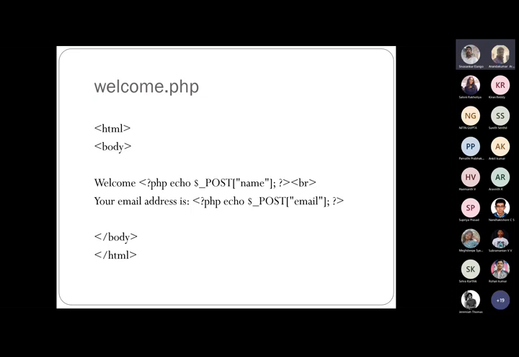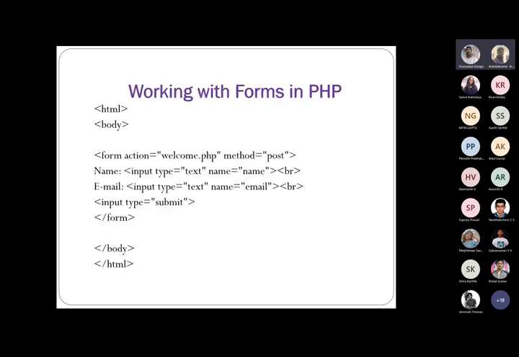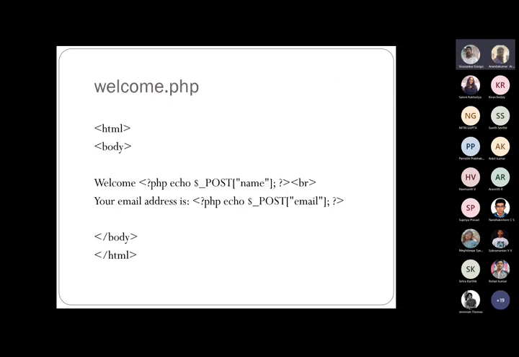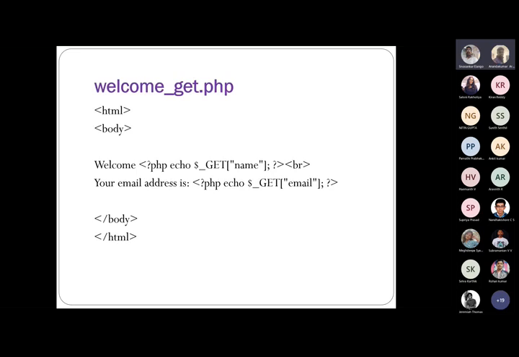So this is how we work with the post method. Whereas if the method is equal to get, then the corresponding script will be echo dollar underscore GET name, and similarly echo dollar underscore GET of email. This is the corresponding script for form method equal to get.